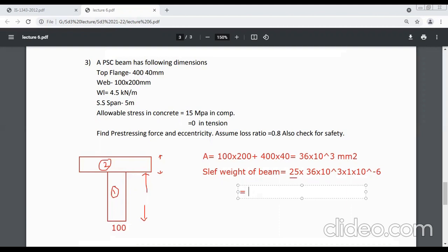So the self weight of beam is 0.9 kilonewton per meter.